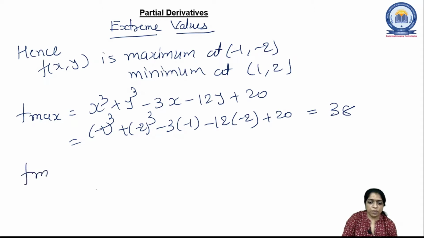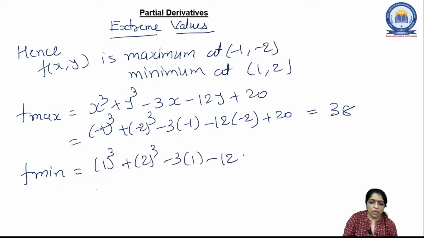Similarly, f for the minimum: 1 cube plus 2 cube, minus 3 times 1, minus 12 times 2, plus 20. And after simplification, the final answer is 2.